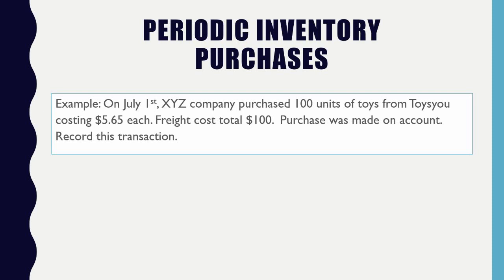Okay? So in this example, on July 1st, XYZ company purchased 100 units of toys from Toys U.